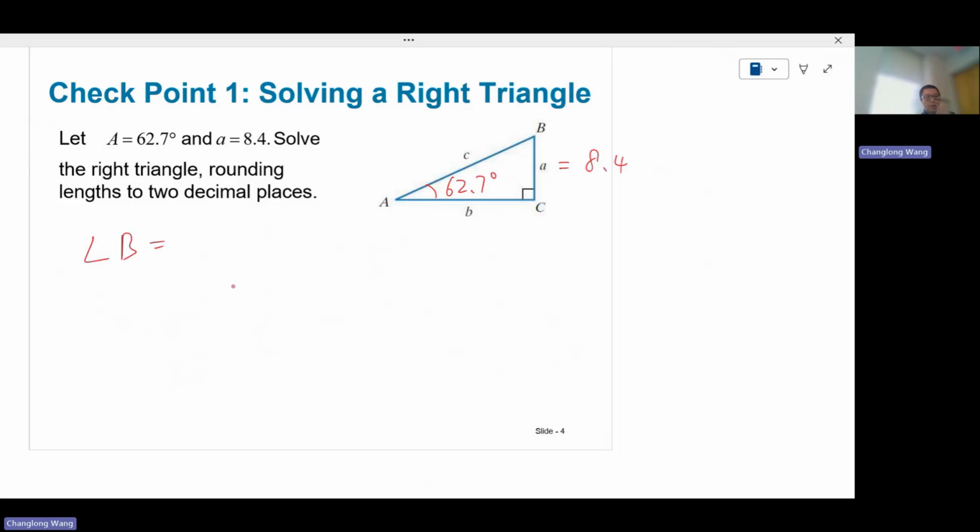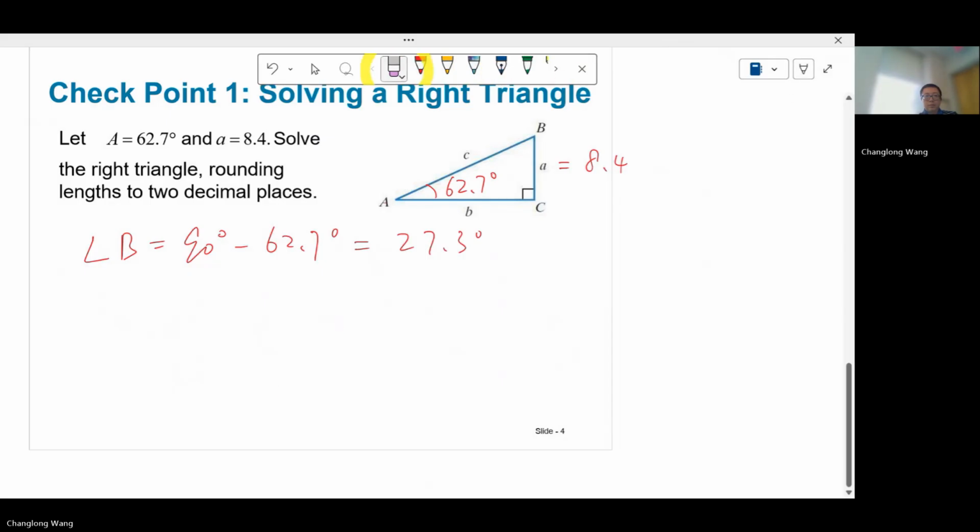Since A and B are complementary angles, right? So angle B will be 90 minus 62.7, right? Use the calculator. So you get 27.3 degree, right? Pretty easy. Well, I'll write the 90 a bit better.